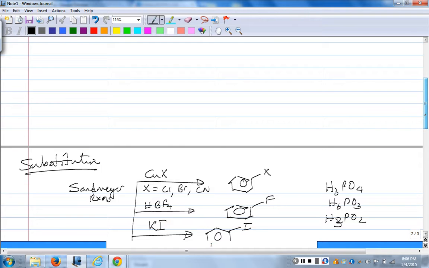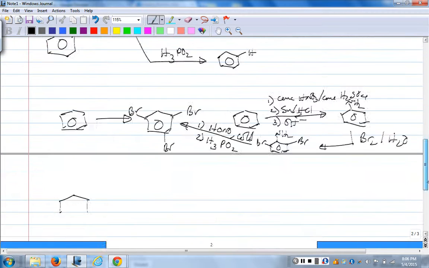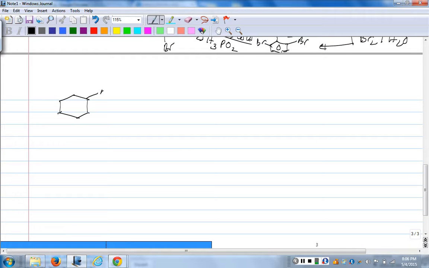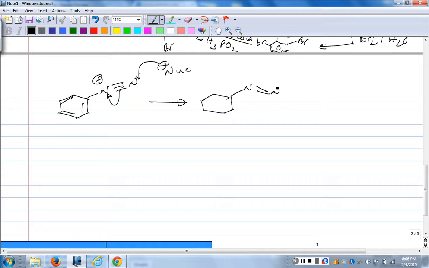These are substitution reactions of diazonium ions. The other reaction that they undergo, if you look at the structure of a diazonium ion, you can tell immediately that this is prone for a nucleophile to attack this species. The pi bond will break, and what you'll end up with is a species that looks like this, and this is called a diazo compound.